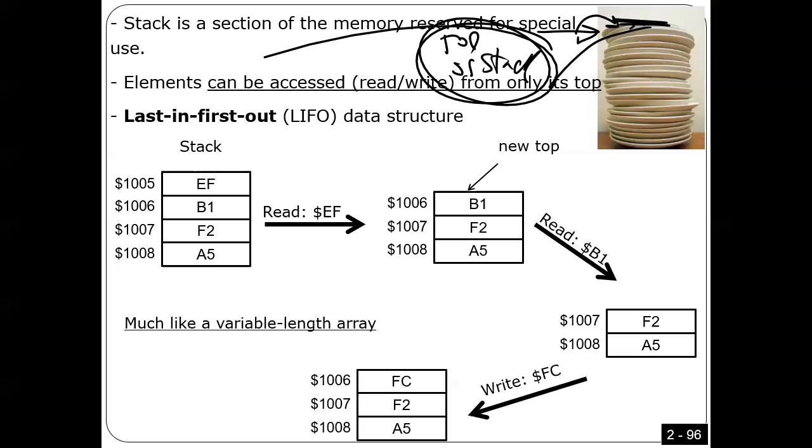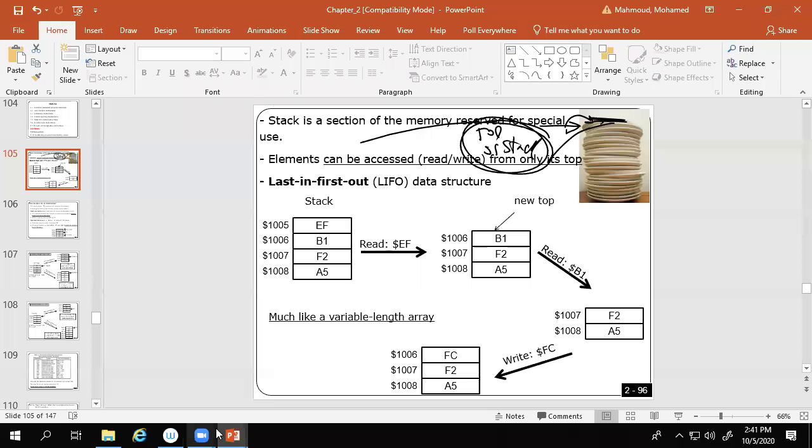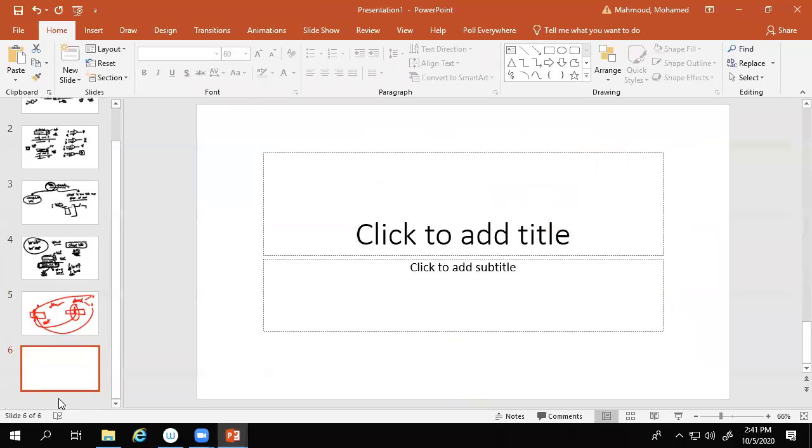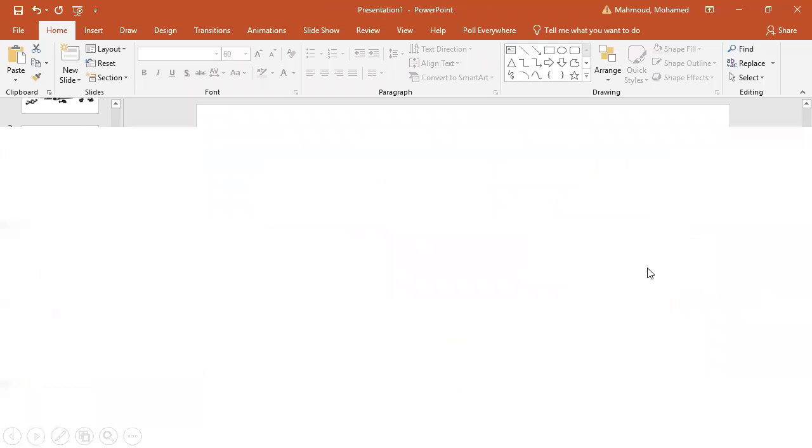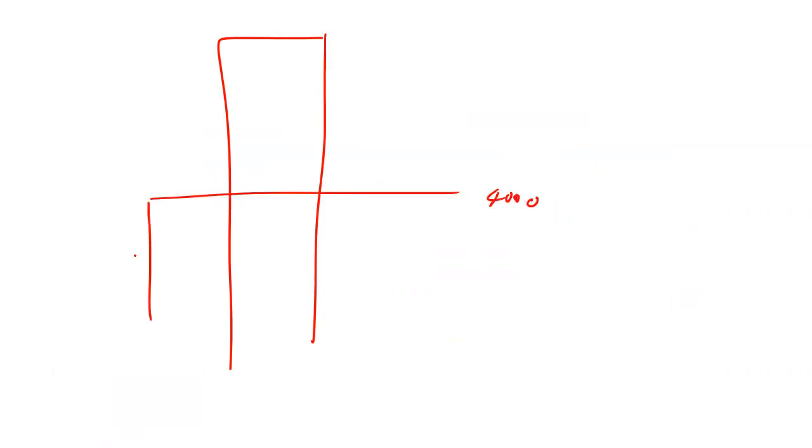Because it changes, okay? That means I told you we're going to start here from 4,000. And then we're going to go this way for code. We're going to go this way for stack. That's what we're going to do.